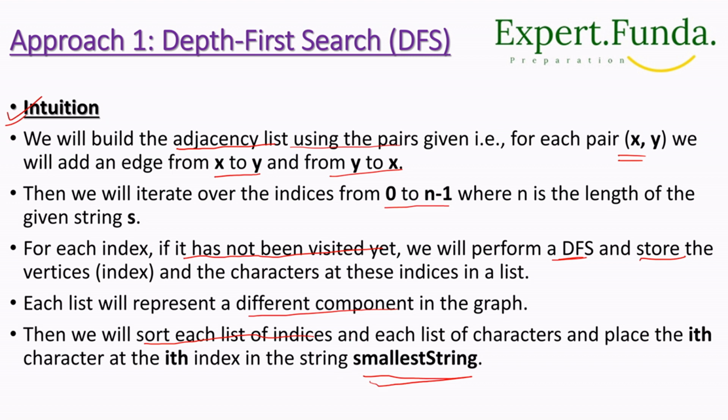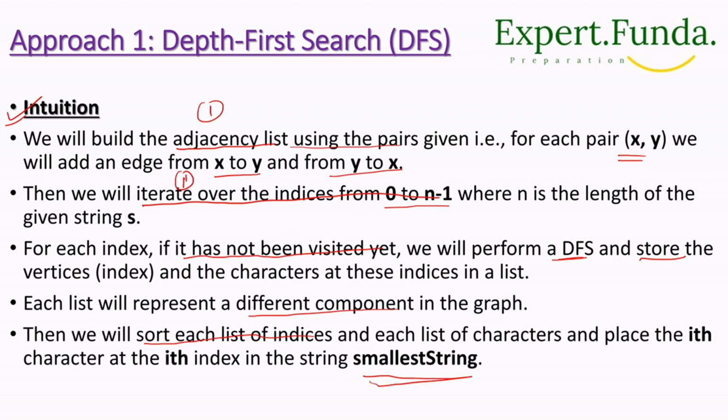So let's go to the browser section of LeetCode and implement there. First we will make the adjacency list and make the edges between them. Then we will iterate over the indices from 0 to n minus 1, that is our step 2.